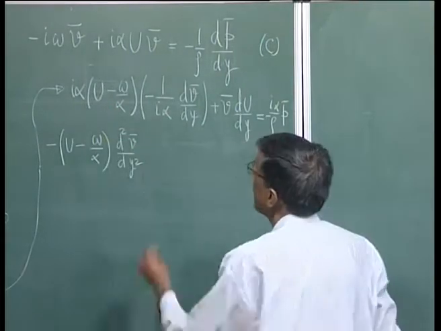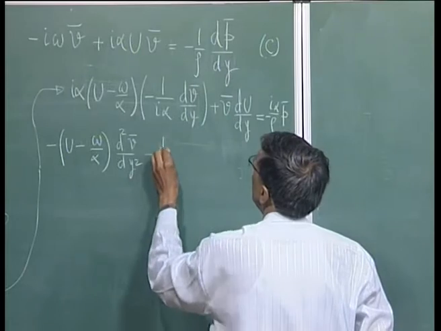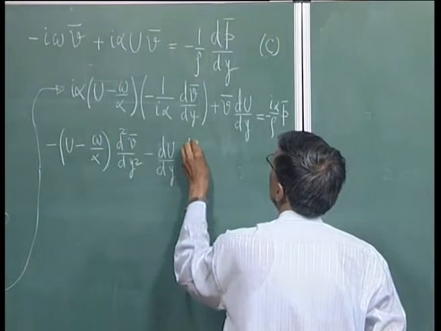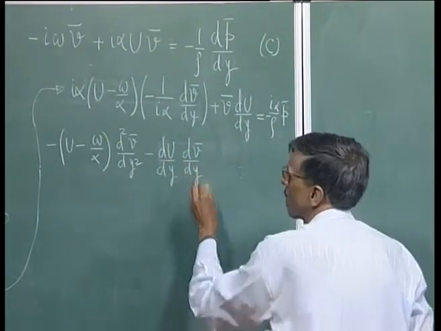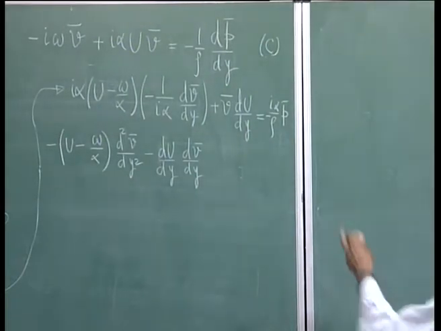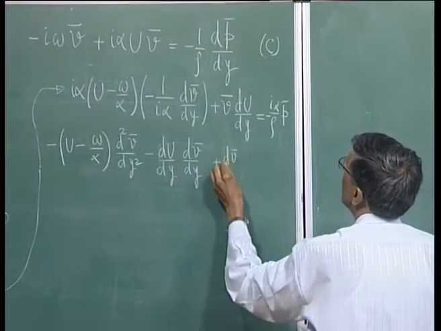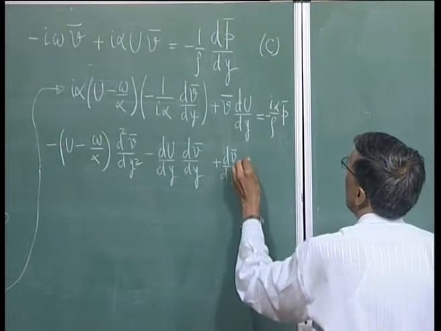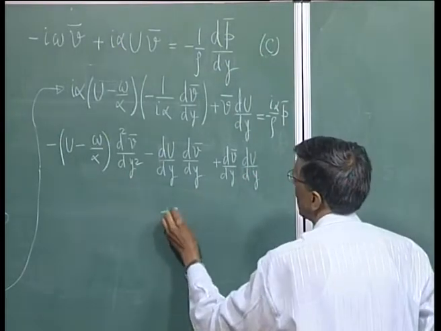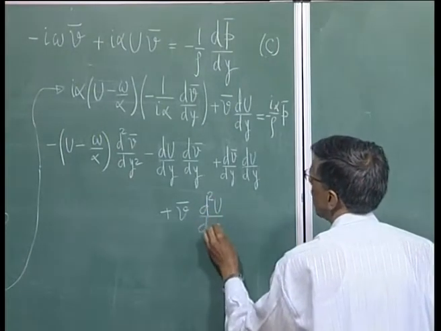So I will also get another term, which will be du dy into dv bar dy. That we will get. What about here? From this, I will get dv bar dy times du dy, and then I have another term, v bar d2u dy square.